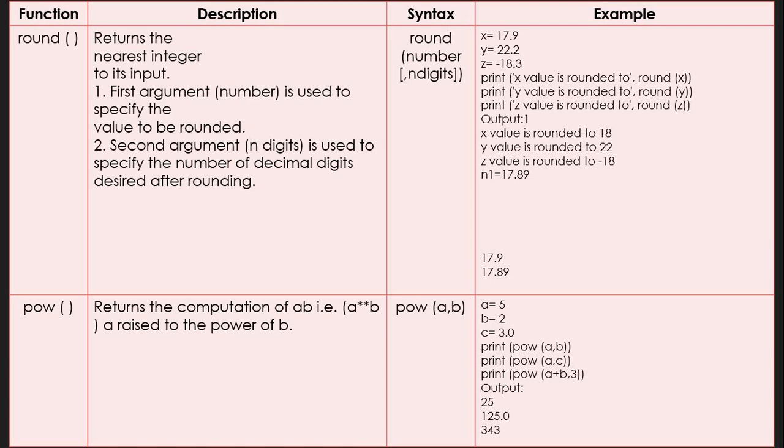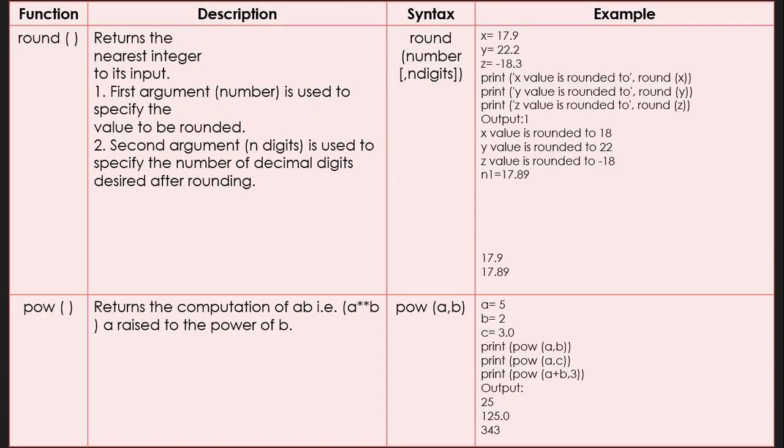Power of A comma B is 5 to the power 2, so it will print 25. A comma C is 5 to the power 3.0, so it will print 125.0. The next one is A plus B to the power of 3. 5 plus 2 is 7, and 7 to the power of 3 will be 343. So this is a very powerful mathematical function which helps you find the power of the value given.